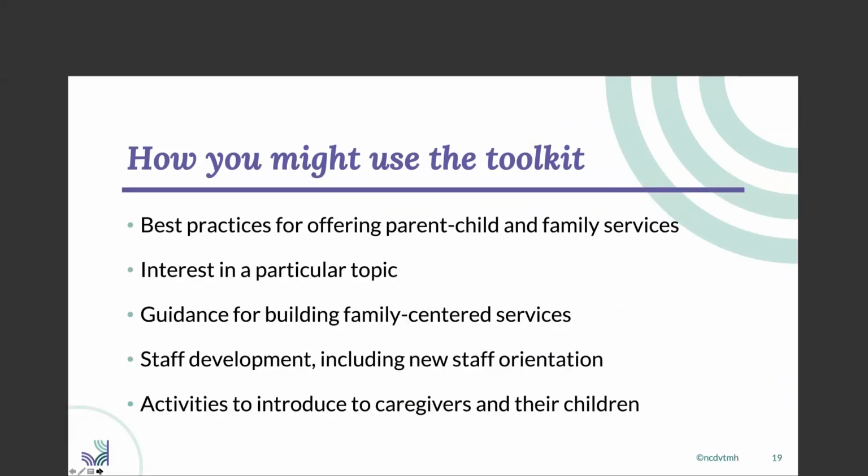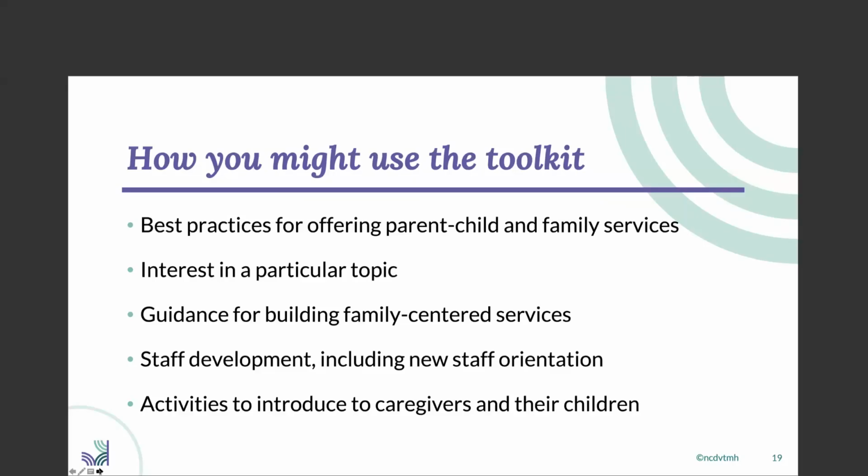So I think Jeannette gave you a good overview about what the content is. We just covered how it's formatted, and now just some ideas about how you might want to use the toolkit. Throughout all the sections, but in section 5, which is the one on how we do parent-child, caregiver-child, and family services, what we're providing is an array of materials and information that someone new to the DV field or new to doing family-centered services will find very helpful.